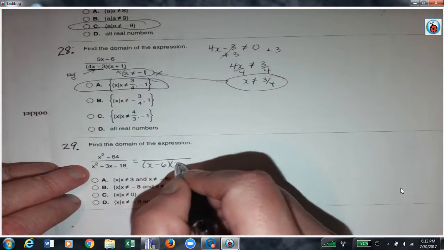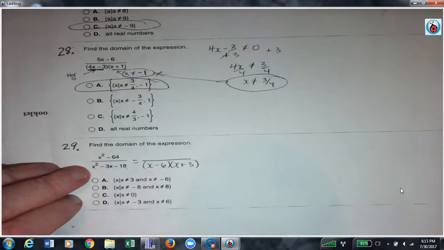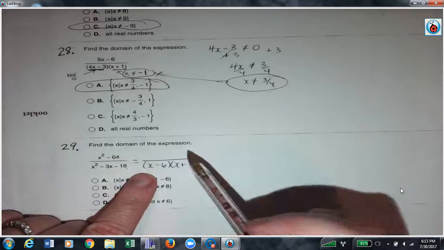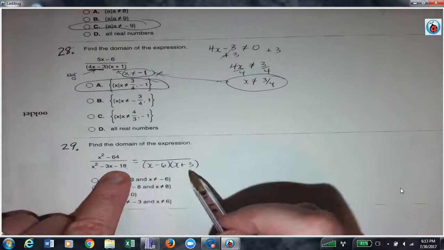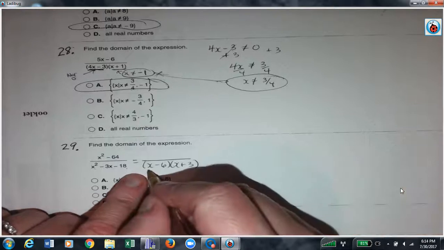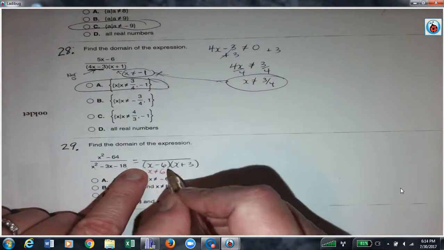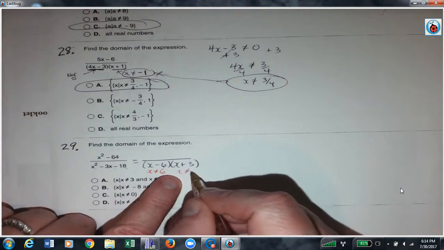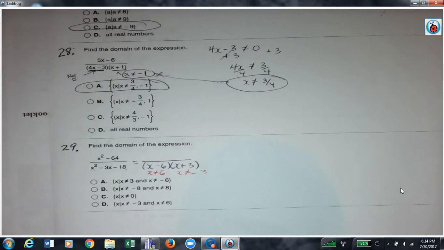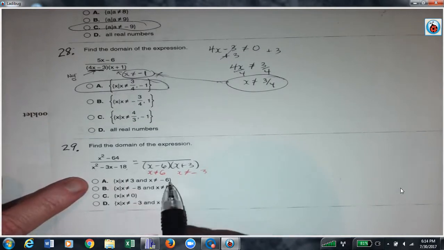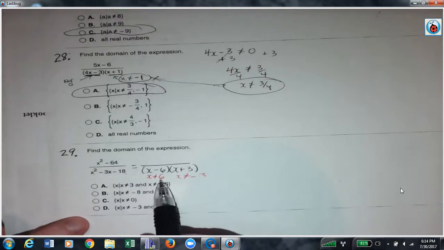So I can factor it like this. And once it's factored, and it's a fraction, I don't care what the top is. For the domain, I just have to see I can't have 0 on the bottom. So x is not allowed to be 6 here, or that'll make the whole thing 0. And x is not allowed to be -3 here, else that'll make the whole thing 0. So be very careful. It's not A. It's what I've written here in red.